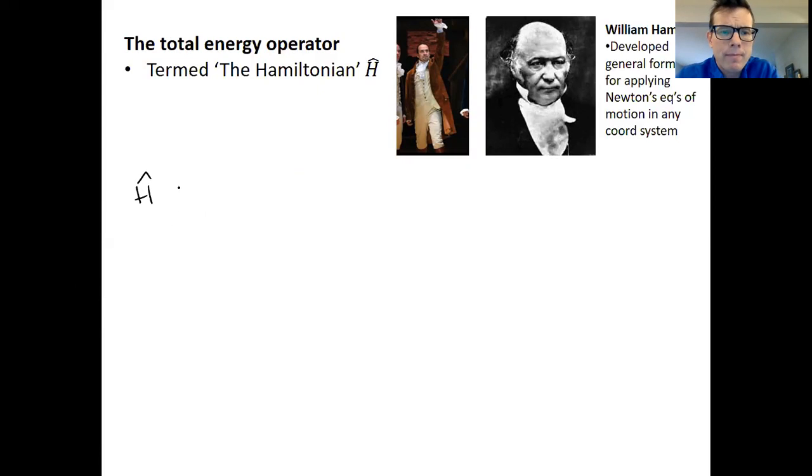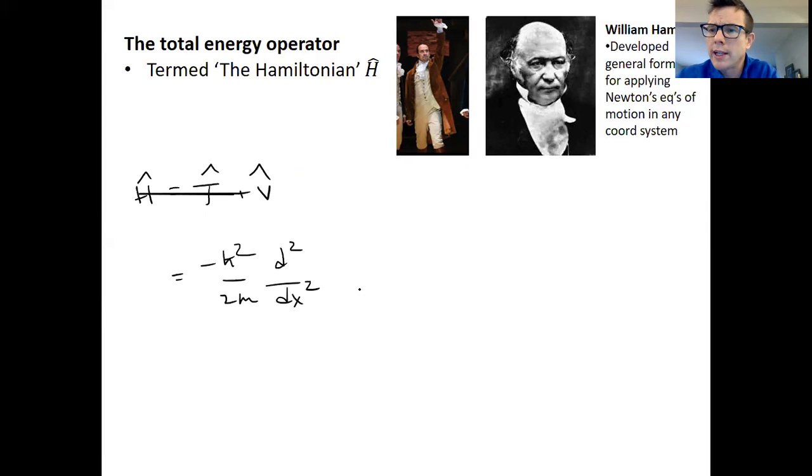H hat is equal to kinetic plus potential. Kinetic always has a common form, which looks like this. It's the second derivative. It tells me something about the kinetic energy of the system.